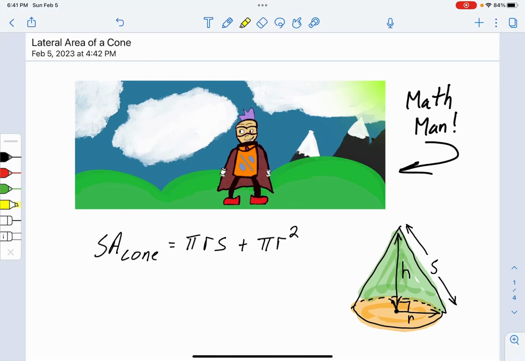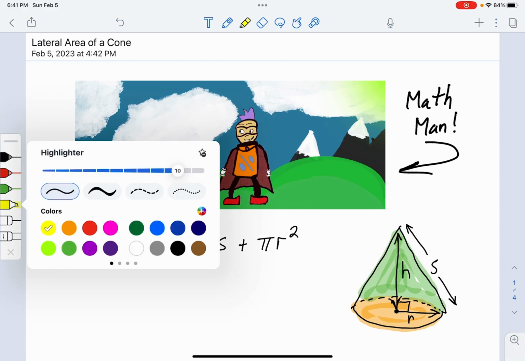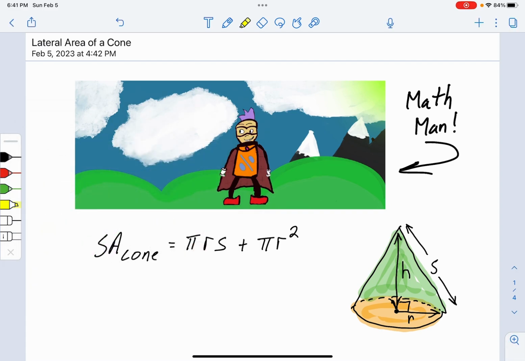Today we're going to take a look at where the derivation for the lateral area of a cone comes from. Now we know from class that the surface area of a cone comes from two terms. We have pi r s plus the second term, pi r squared. The second term is probably pretty obvious.